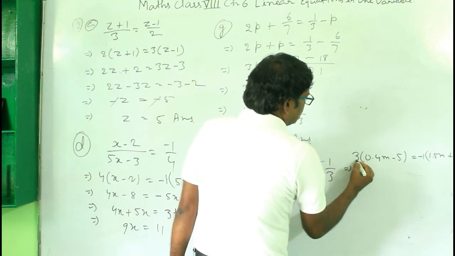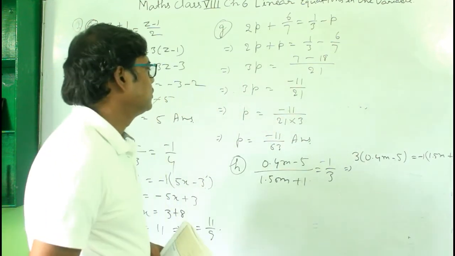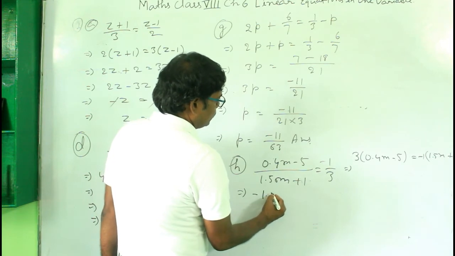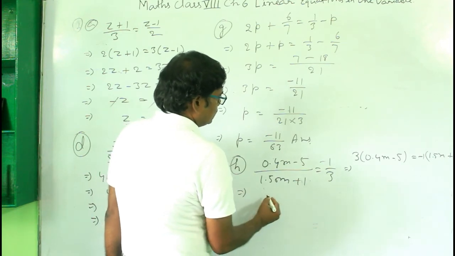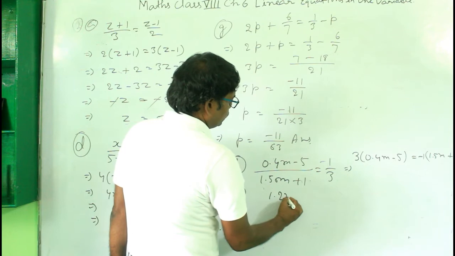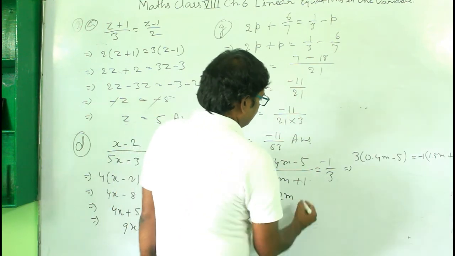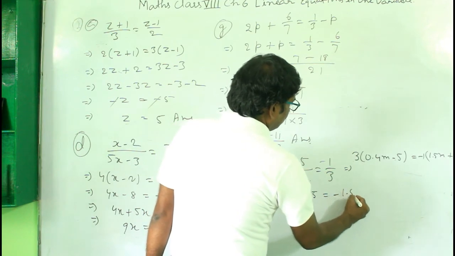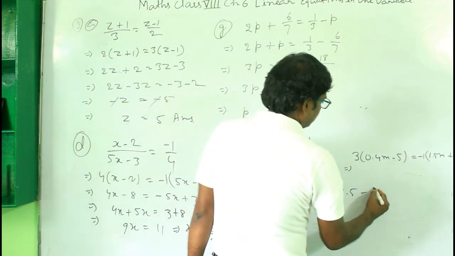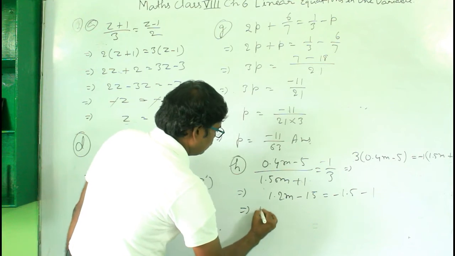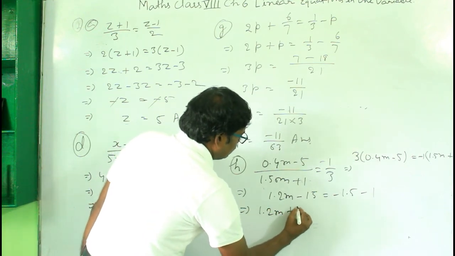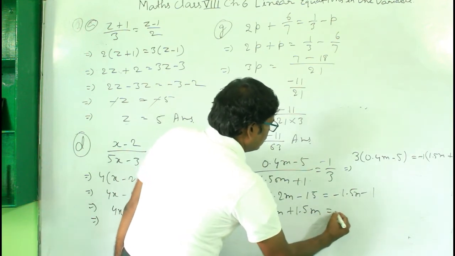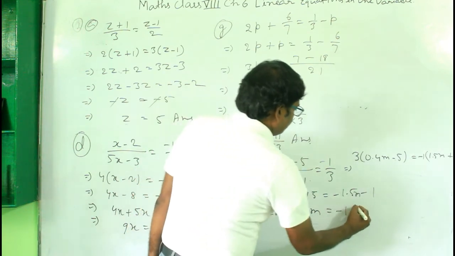So now multiply: it will be 3 into 0.4, that is 1.2m, minus 15 equal to minus 1.5m and minus 1 here. The next step will be 1.2m plus 1.5m equal to minus 1 plus 15.